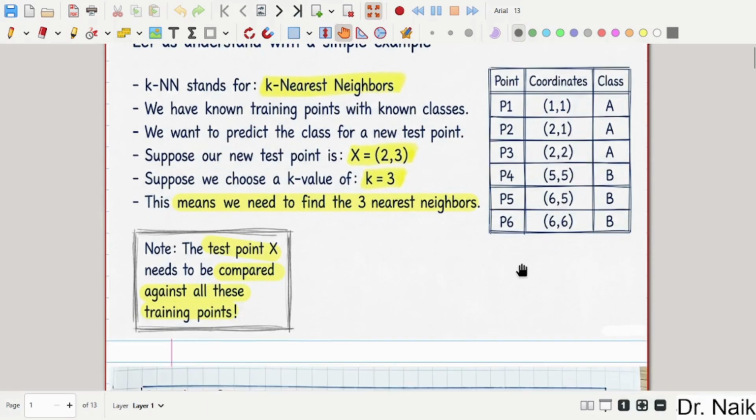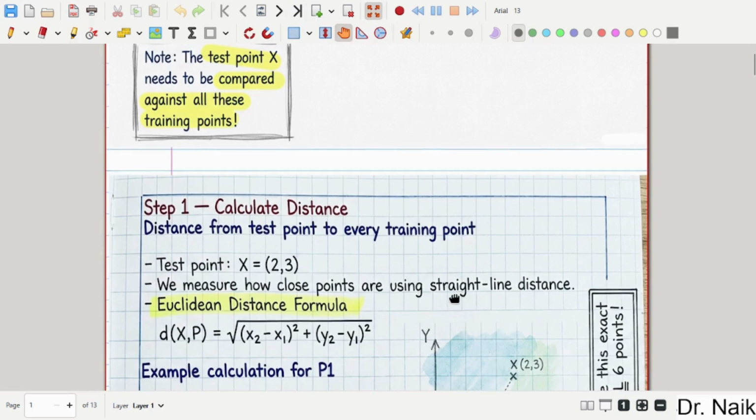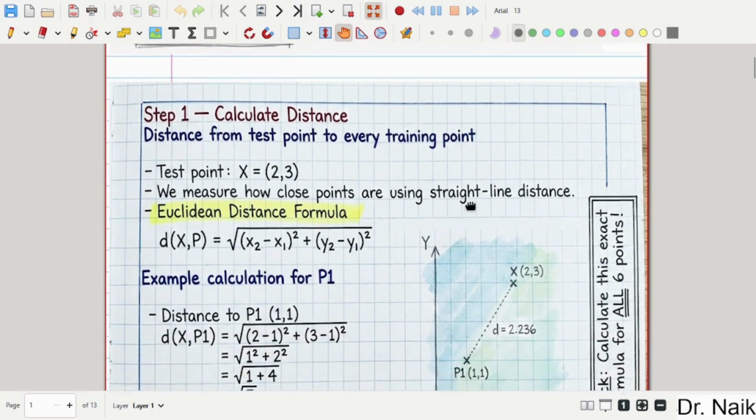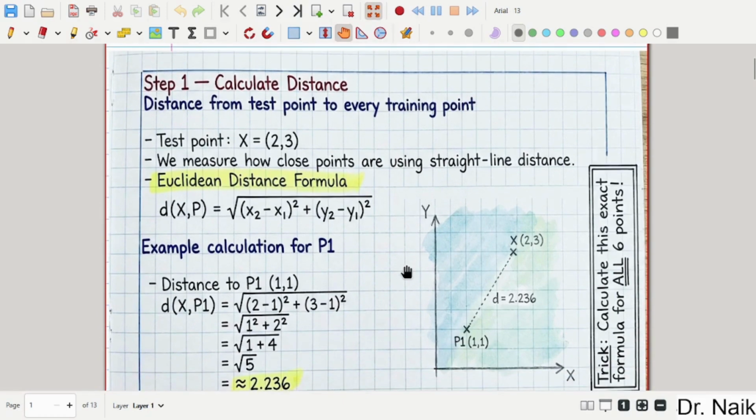So for comparing, always remember that we need all the training points, and to find the nearest neighbors we will use the Euclidean distance formula to find the closest training points which are close to the test point.